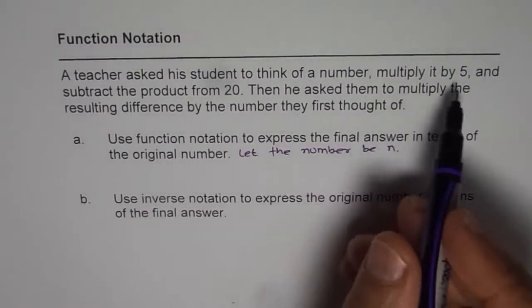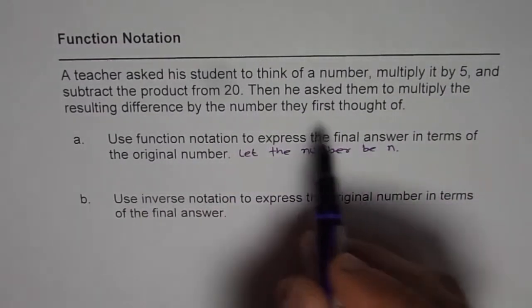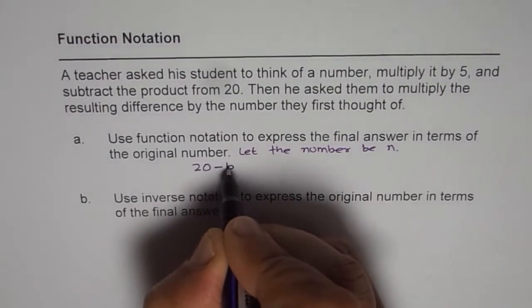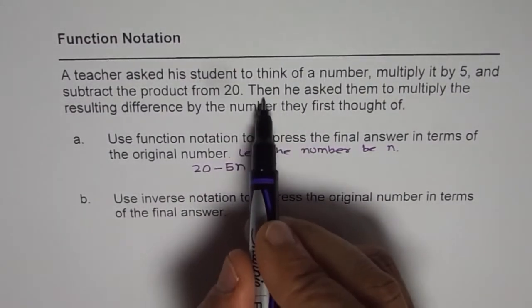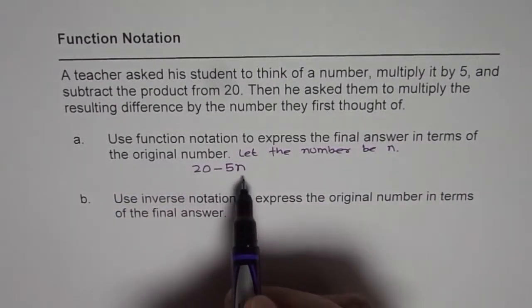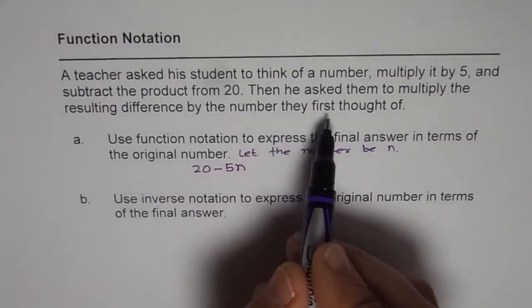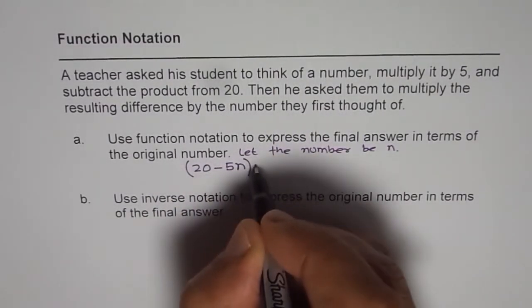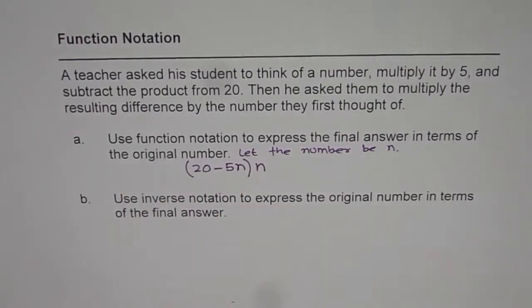So subtract the product, that means 5 times n, from 20. So what we get is 20 minus 5n. Then he asked them to multiply the resulting difference by the number they first thought of. So this gets multiplied by the number they first thought of, n, right?